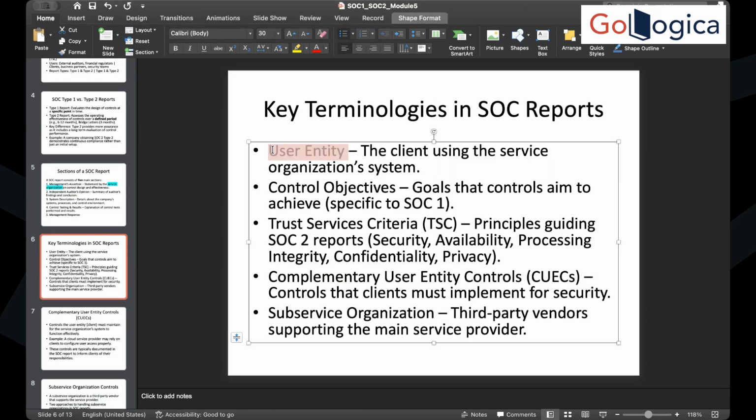And then complementary user entity controls, very important. If you can explain this particular term in your interview, believe me, you are selected. As a fresher, if you can explain what complementary user entity controls are and give a few examples, you are selected.